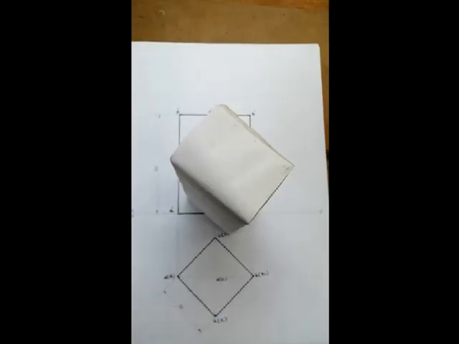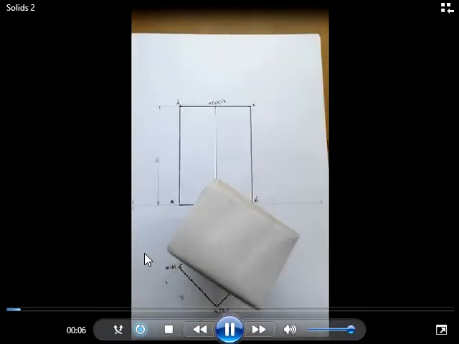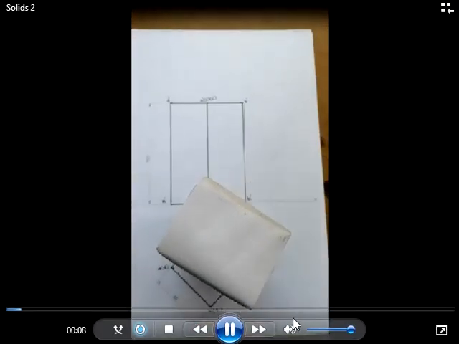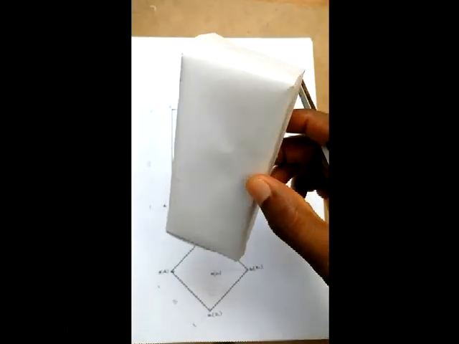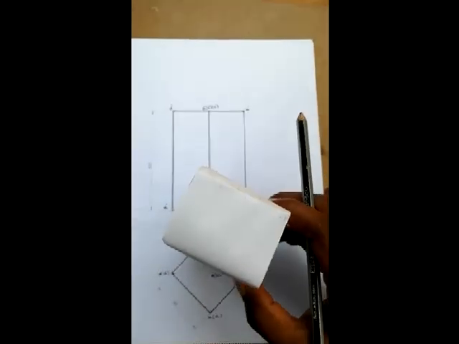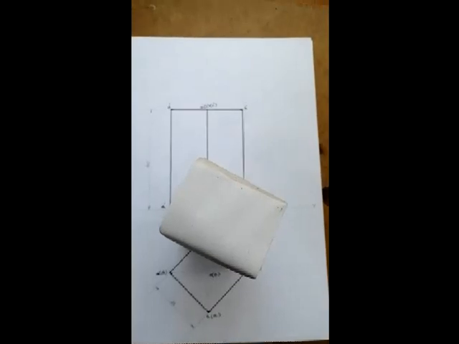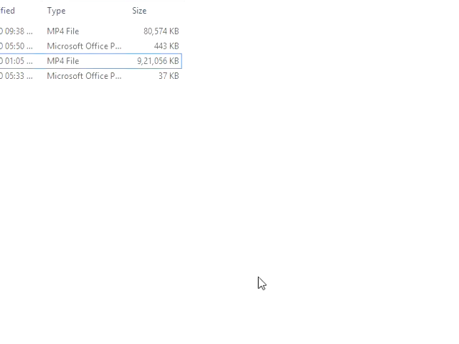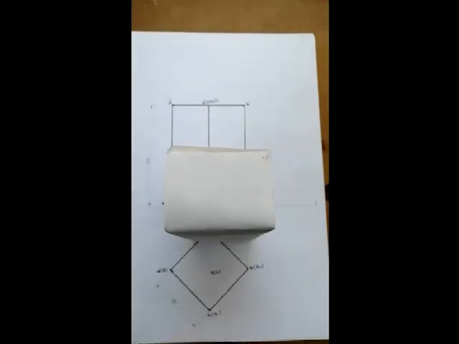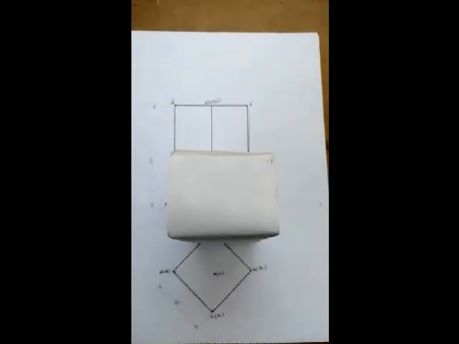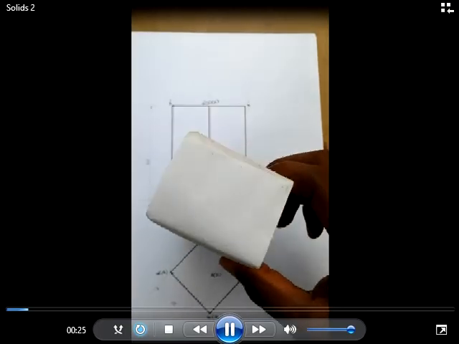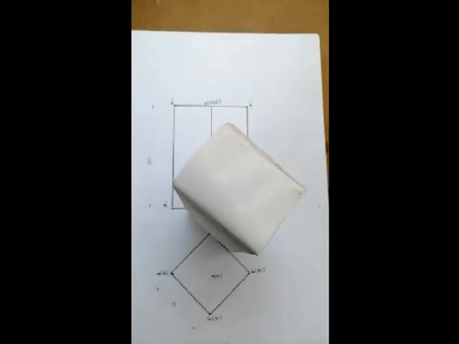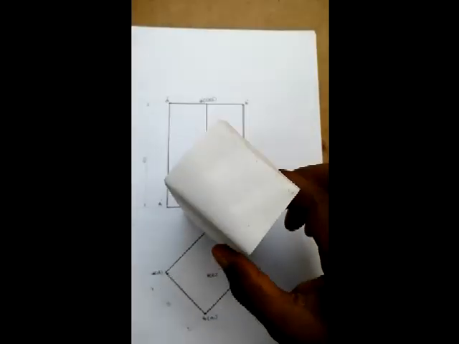Since this square prism is resting on one of its corners, we have to keep this object like this. I am keeping this square prism in corner condition. I told you in my previous video, if the prism is resting on one of its edges, we have to start from edge condition, and if it is resting on one of its corners, we have to start from corner condition.